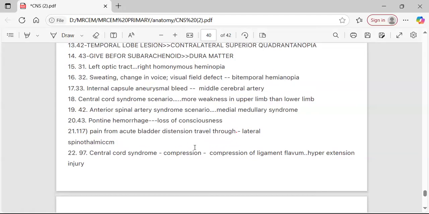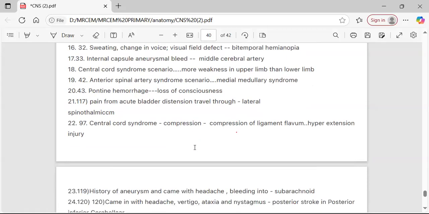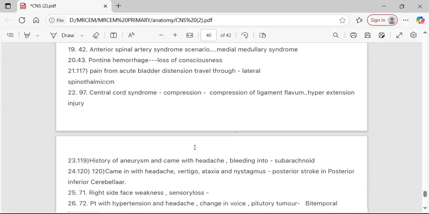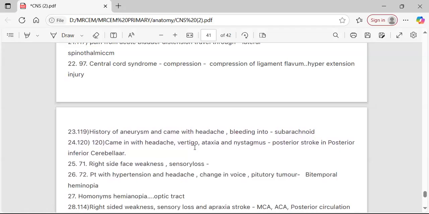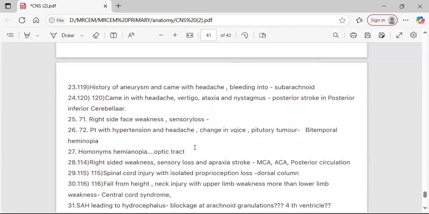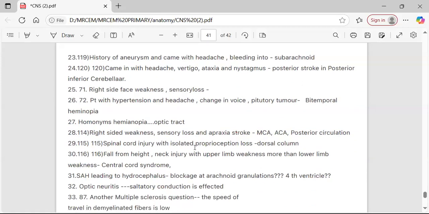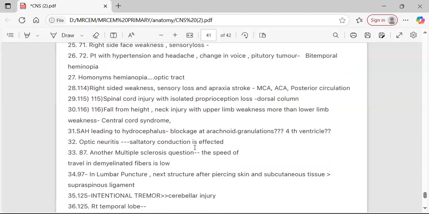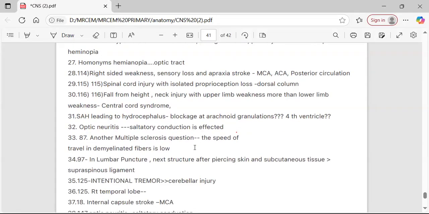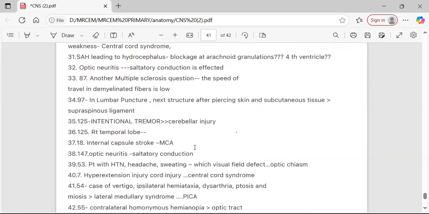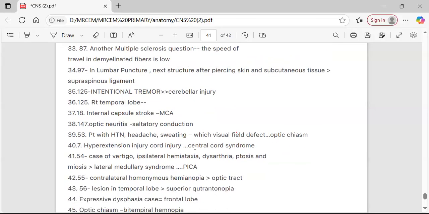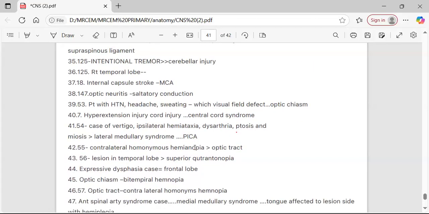Anterior spinal artery syndrome, medial medullary syndrome, pontine hemorrhage, loss of consciousness, pain from acute bladder distension, lateral spinal thalamic tract, central cord hyperextension injury, history of aneurysm, came with headache, vertigo, nystagmus, posterior stroke, posterior spinal artery, right-sided weakness, sensory loss, patient with hypertension, headache, pituitary tumor, subarachnoid hemorrhage, hemianopia, optic tract. We will discuss all of these recalls. We will have a session on it. Then multiple sclerosis, lumbar puncture, intention tremor, cerebellar injury, we will discuss them. Right temporal lobe, internal capsule, middle cerebral artery, optic neuritis patient.